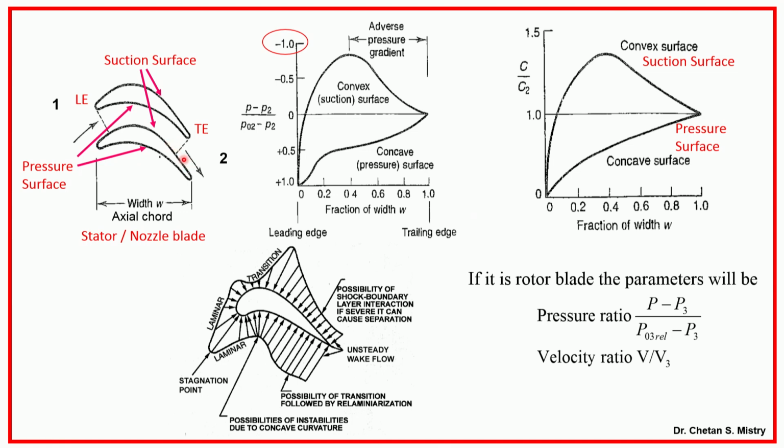Now, my flow will be working under adverse pressure gradient. So, people say the chances of flow separation on a turbine blade are less. But when we talk about transonic flow in the passage, there will be chances for flow separation to occur near the trailing edge. Okay.